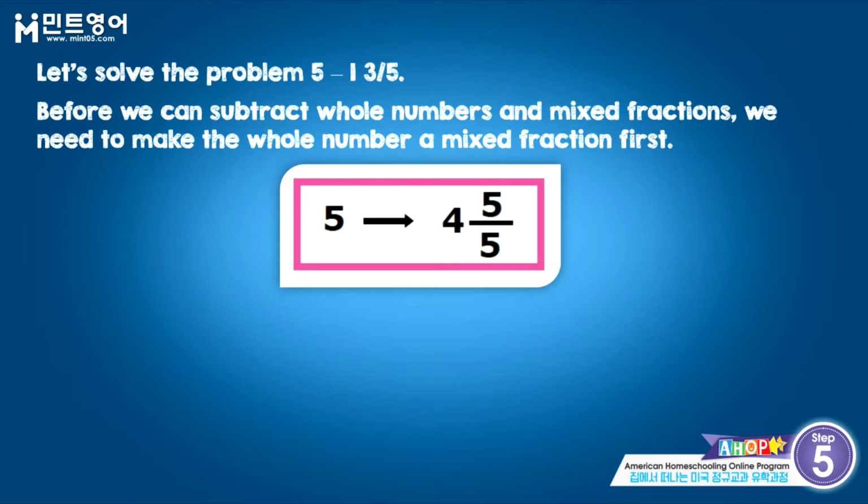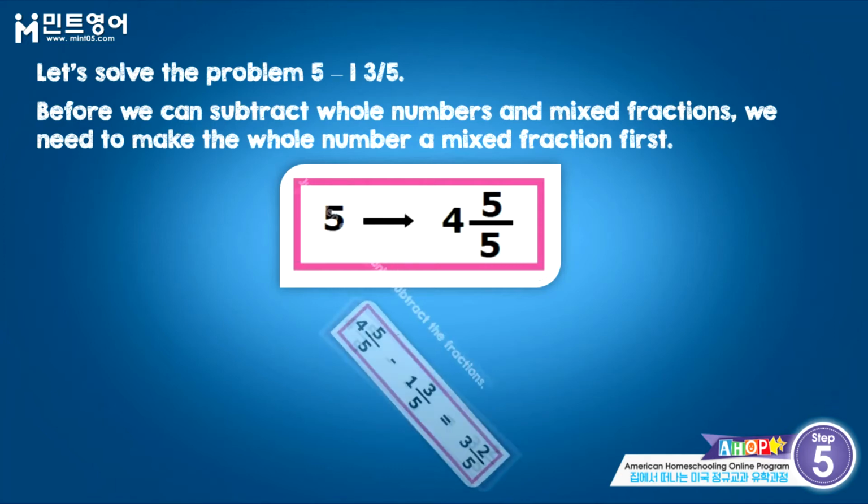Let's solve the problem 5 minus 1 and 3/5. 그렇다면 5 빼기 1과 5분의 3 문제를 한번 해결해 보도록 하겠습니다. Before we can subtract whole numbers and mixed fractions, we need to make the whole number a mixed fraction first. 전체 숫자와 혼합 분수를 빼기 전에 먼저 전체 숫자를 혼합 분수로 만들어야 합니다.